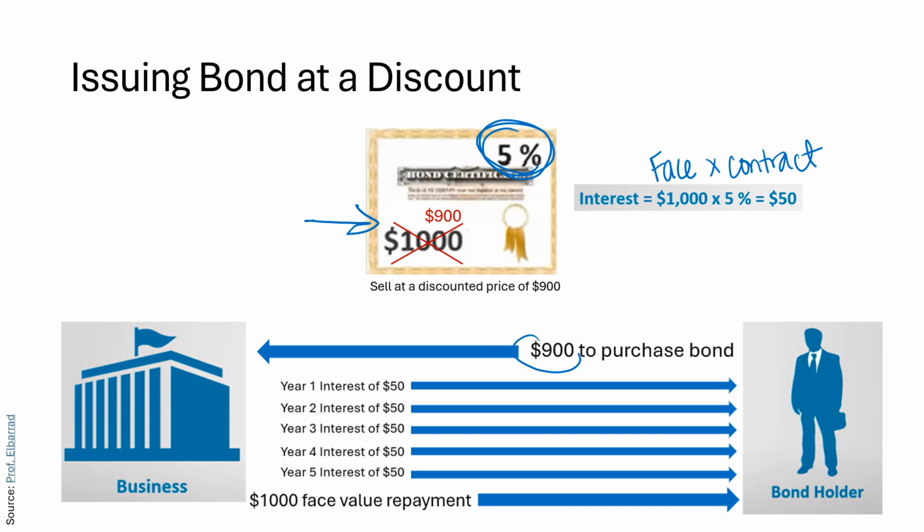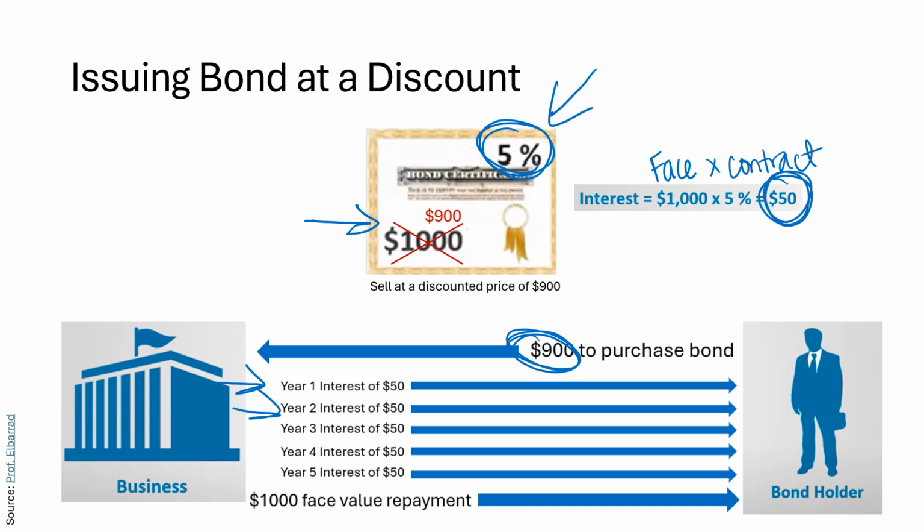So what's different this time is that the investor is only paying $900 or only lending $900 to the company. But the company is still paying the same amount of interest as if someone purchased the $1,000 bond at 5% interest instead of receiving a discount. So year one of interest is $50 calculated here.